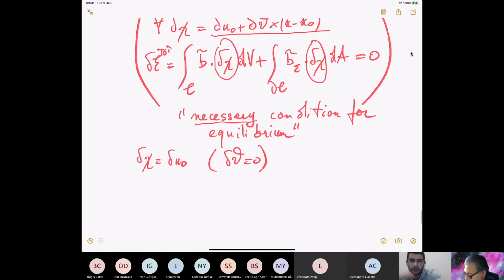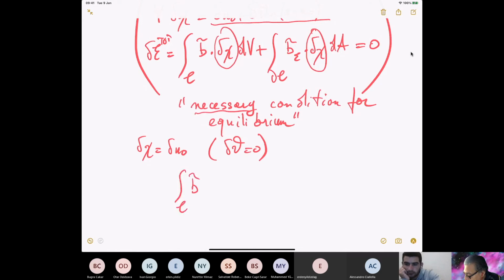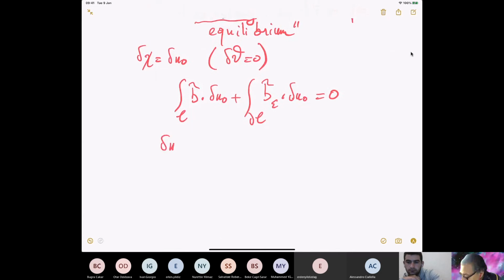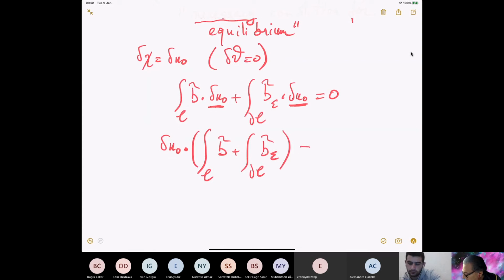I write integral over C of B tilde dot delta U0 plus integral on the boundary of C of B sigma dot delta U0 has to be equal to 0. So I can take delta U0 out of the integral, and I can write integral over C of B tilde plus integral on the boundary of C of B tilde sigma. This is equal to 0 for every delta U0.